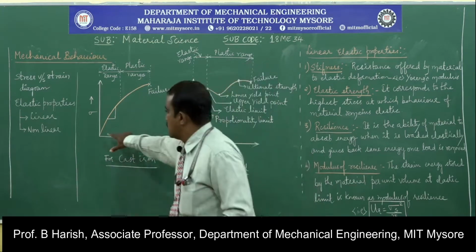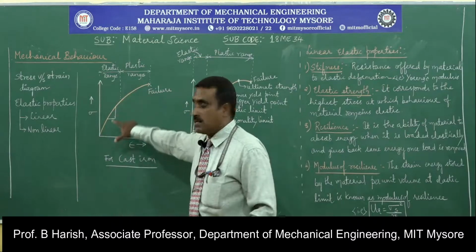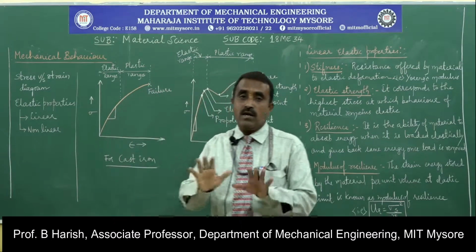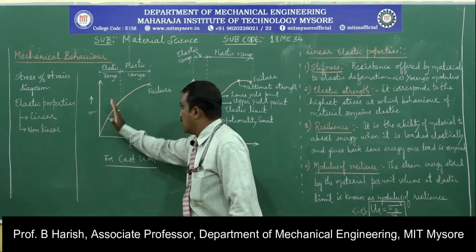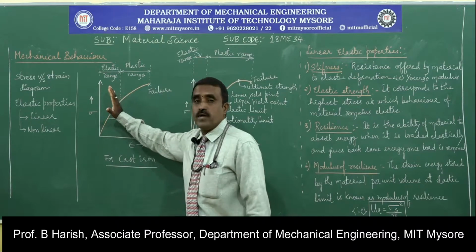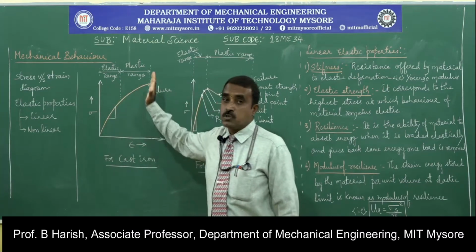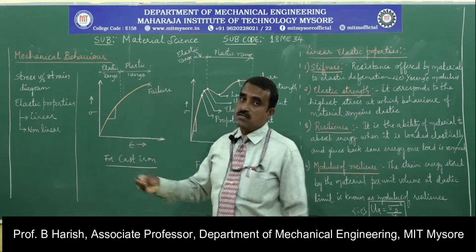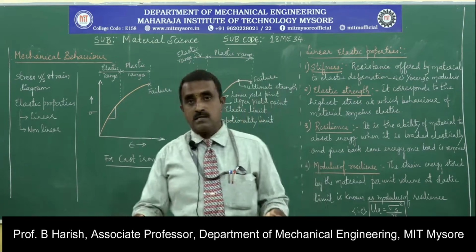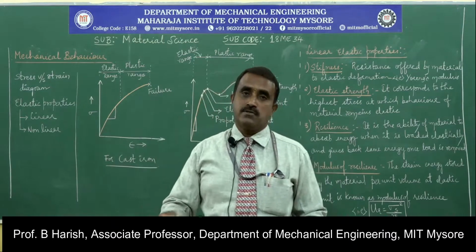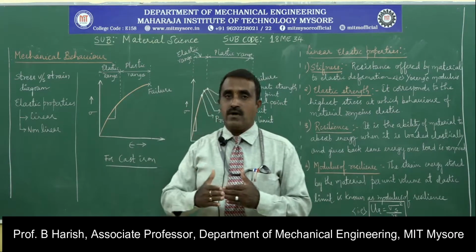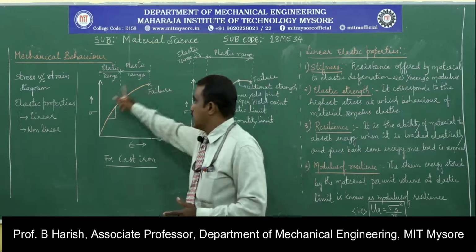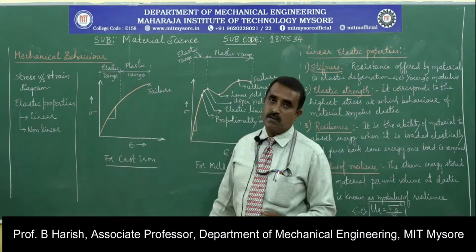It begins and finally it breaks. We cannot clearly differentiate between the elastic region and the plastic region, where the elastic region ends and where the plastic region starts, because the breakage is sudden. Hence we cannot study more properties in the case of a brittle material.